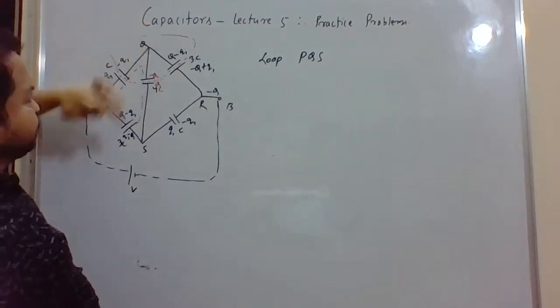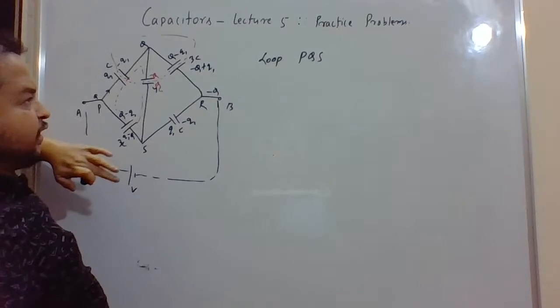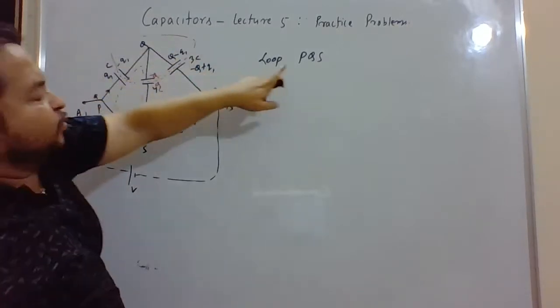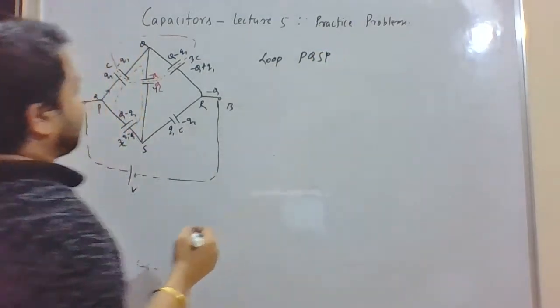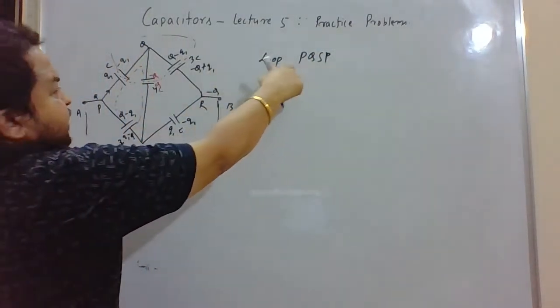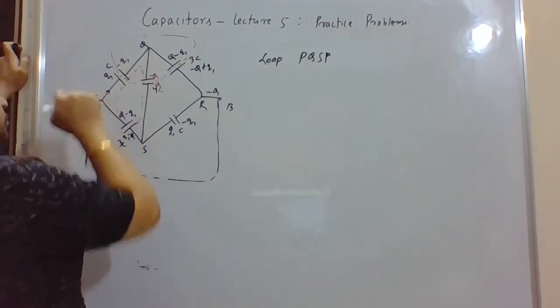You can start from point Q and come back to Q, or start from S and come back to S. It's your wish. But I want to start from point P and come back to point P. So in loop PQSP, I started from P, went through Q and S, and came back to P.